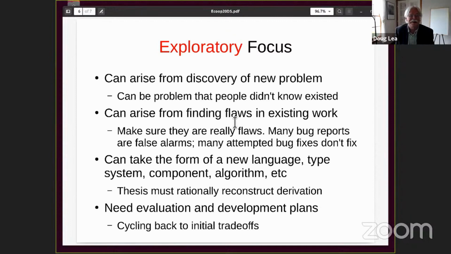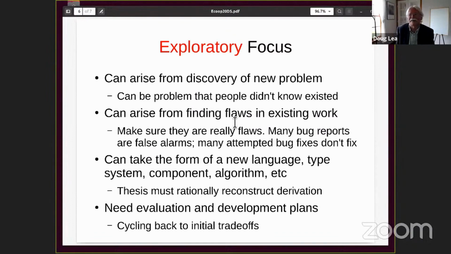Often the way to build a solution is a language, a component, an algorithm. In other words, componentize this idea.